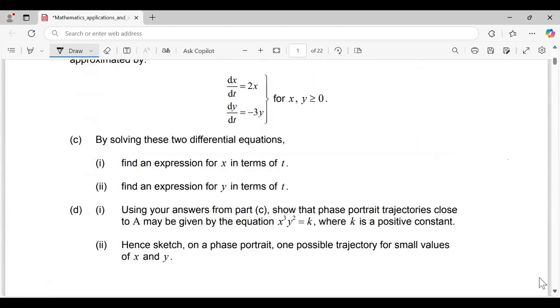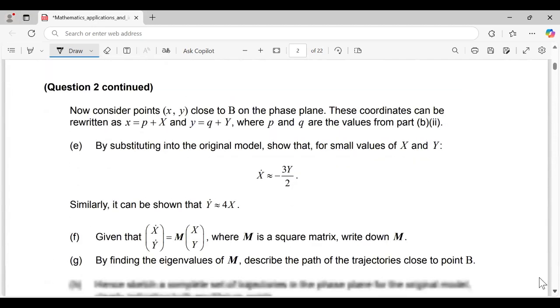Okay, next, part E. Now consider points (x, y) close to B on the phase plane. B is (3, 4). These coordinates can be rewritten as x equals p plus x and y equals q plus y, where p and q are the values from part B2.